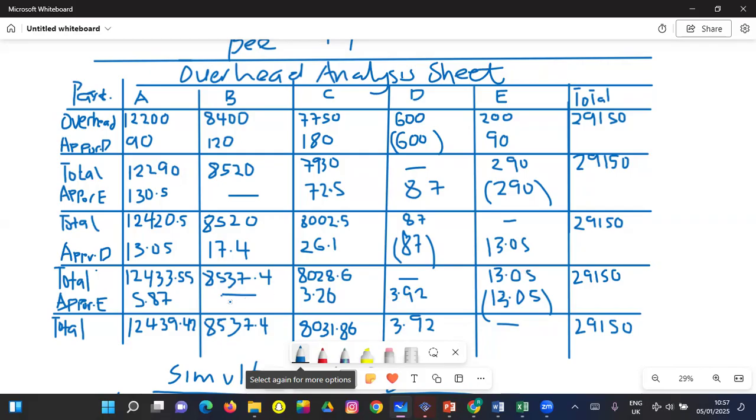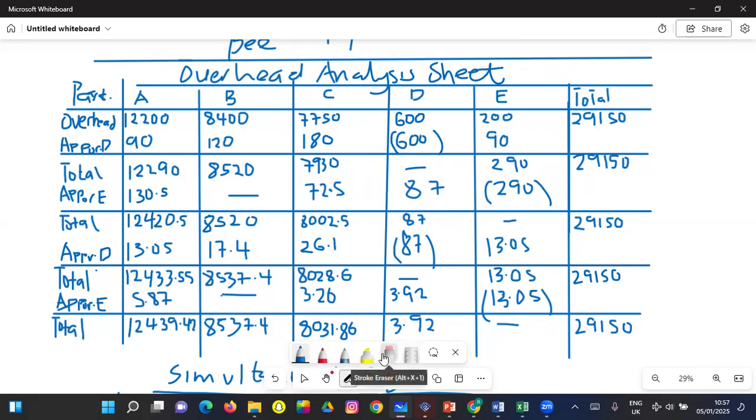So you can see that in total, our overhead cost is going to be just this total plus this apportionment. So it's going to be 12,439 for A, 8,537.4 for B, then 8,031.86 for C. So that's going to be our overhead for these departments.